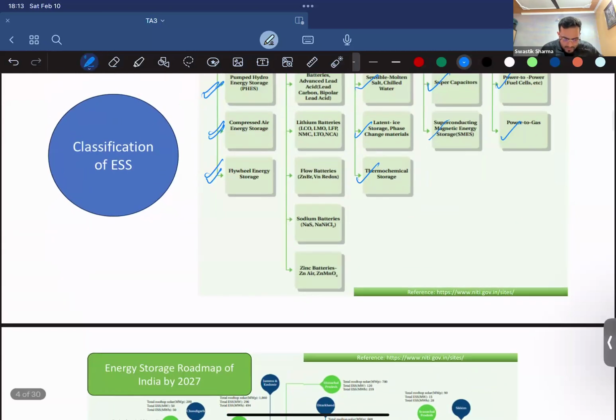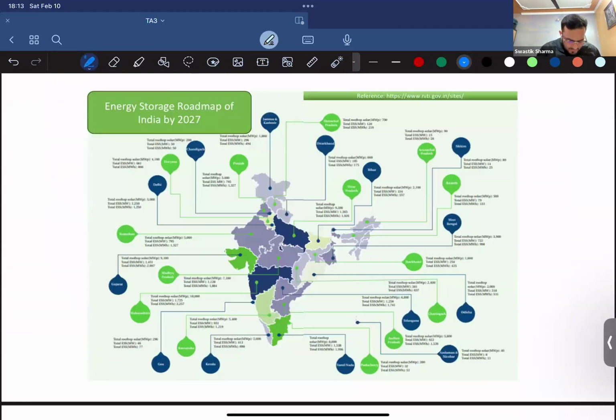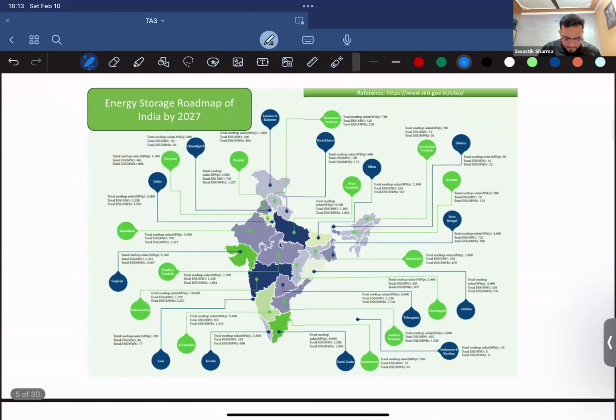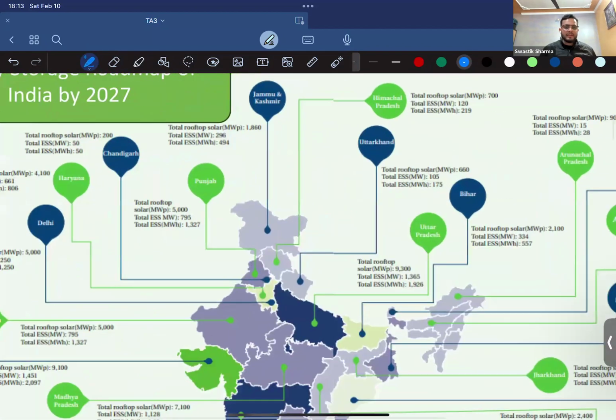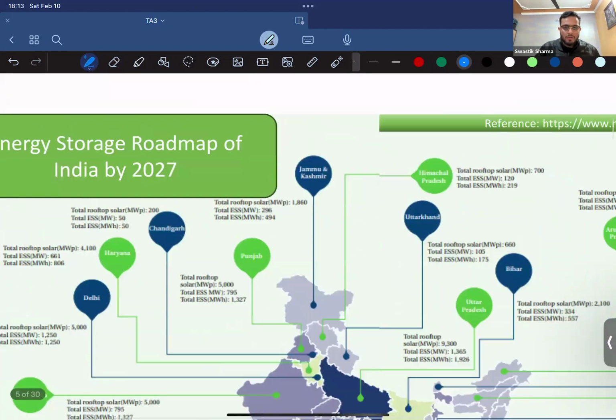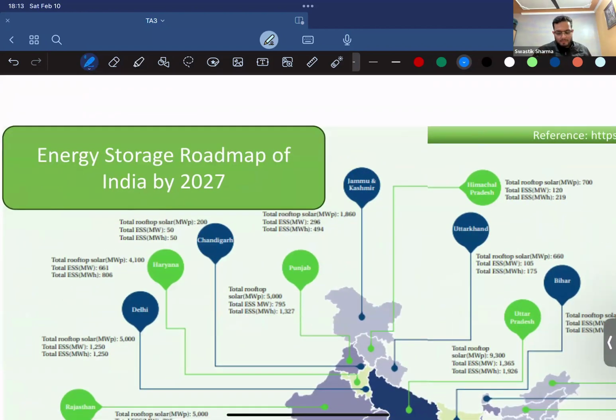So in India currently, as you can see based on this map, this is a roadmap where India is currently headed. Right now we have a very small amount of energy storage, which we are going to expand in the coming few years. We want to form the places which currently have variable renewable energy penetration, such as J&K.